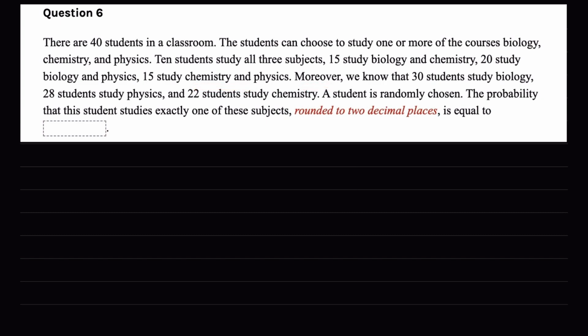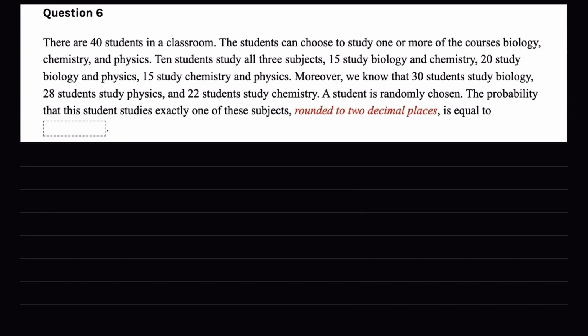Moreover, we know that 30 students study biology, 28 students study physics, and 22 students study chemistry. A student is randomly chosen. The probability that this student studies exactly one of these subjects, rounded to 2 decimal places, is equal to what?